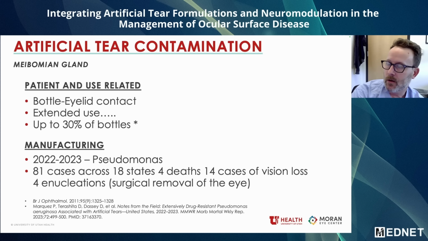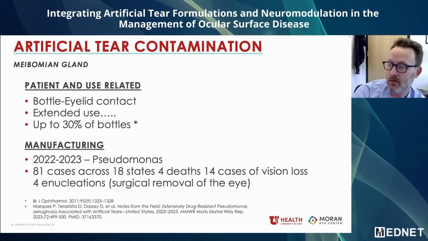But then there have been some episodes of manufacturing contamination. In 2022 and 23, there was a Pseudomonas contamination in some artificial tears that were actually manufactured in the United States. There were 81 cases of complications from this across 18 states.